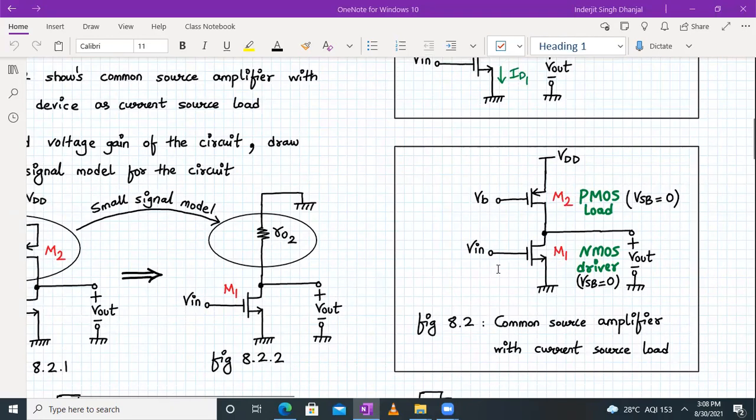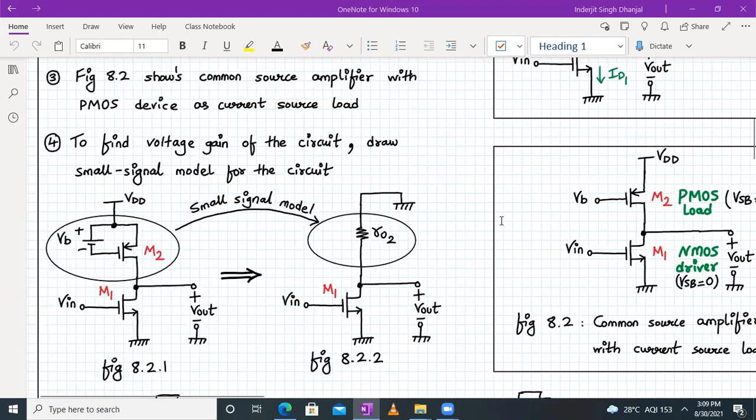Please remember that; even if it is not drawn, it is there. Your M1 transistor is the NMOS driver, with no body effect, and the PMOS load, which is acting as a current source, also has no body effect. So this is my circuit for a common source amplifier with a PMOS current source load.